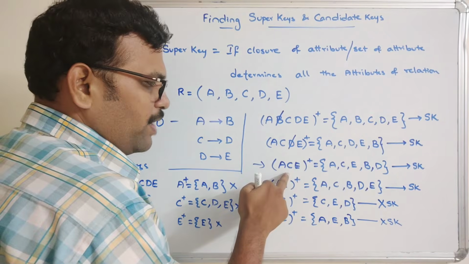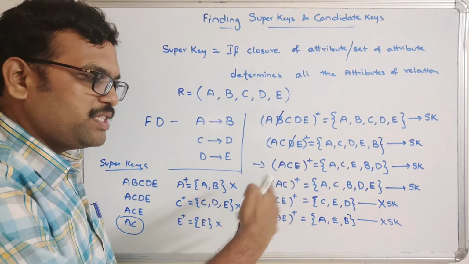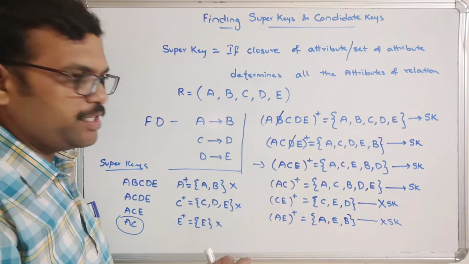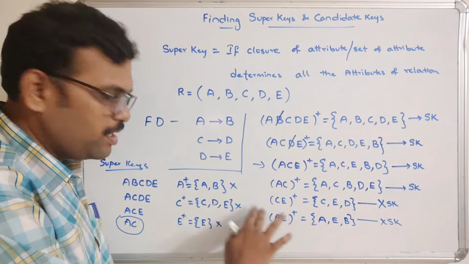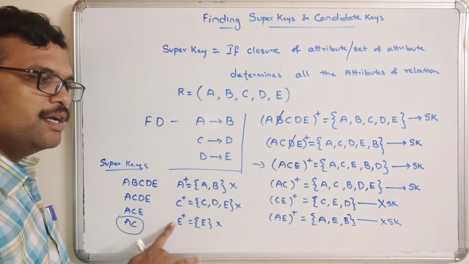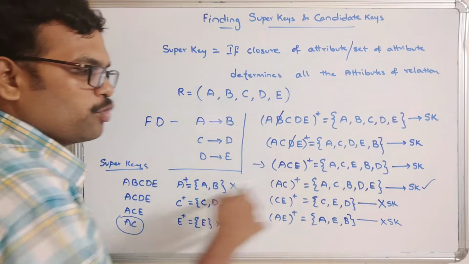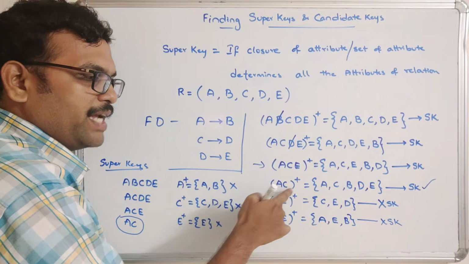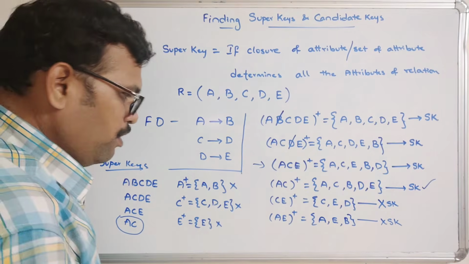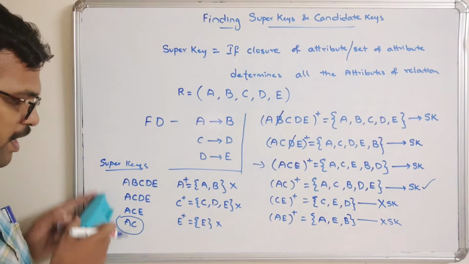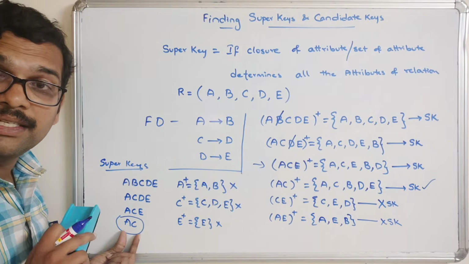So we can't say this is the minimal set of super key, and we still have to check different combinations: AC, CE, AE, which are two attribute combinations, and single attribute combinations. Among these, again we got the super key. AC is a super key because the closure of AC determines all the attributes of the relation. Now, after finding all the super keys, we can say AC is a candidate key. So this is the second step.